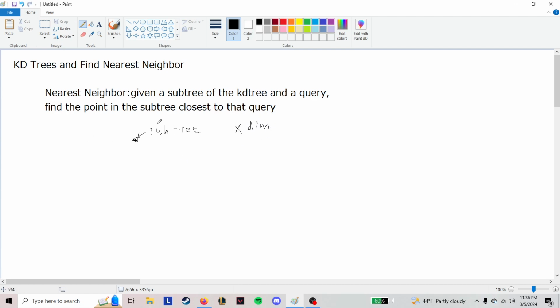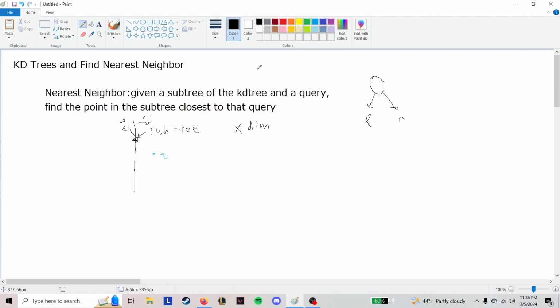So what that means is we can imagine this vertical line passing through it, where the right subtree would be found over here on the right side of the line, and the left subtree would be found over here on the left side of this vertical line. Again, this is just conceptually what we talked about before with the KD tree geometry. And let's say my query point is here. I'll name this point Q.